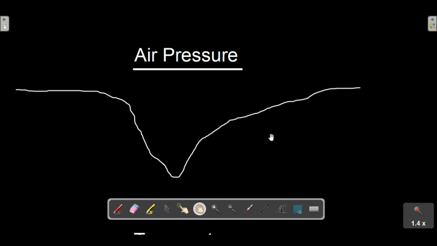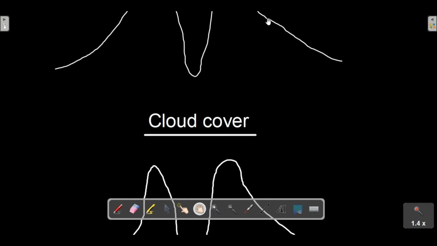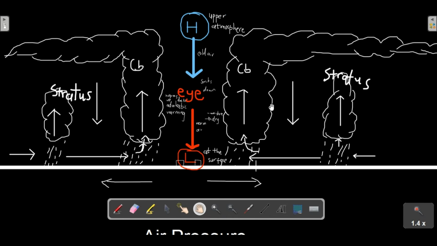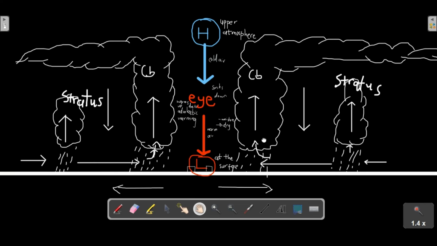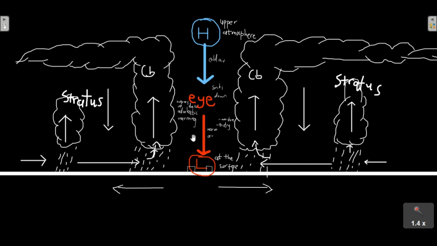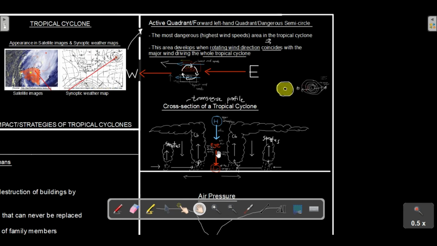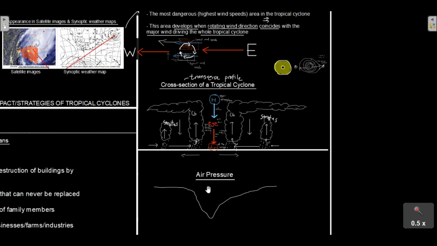So that is how you analyze, how you annotate the cross section of a tropical cyclone and all the different weather patterns in these different areas. So you have to know the air pressure.